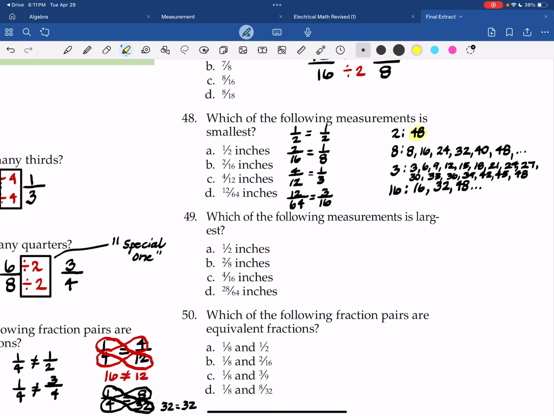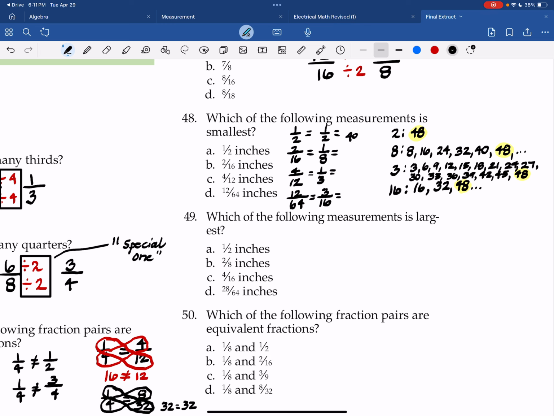Each one of these will go into 48. And once you see them in terms of 48, you can tell the smallest fraction. This is not the way I would do this.